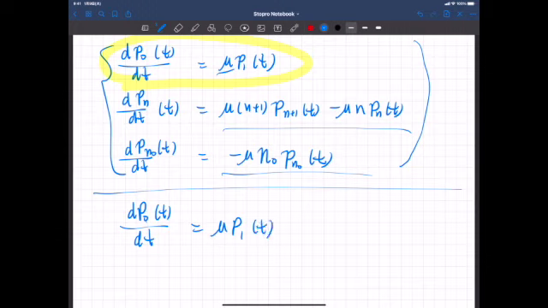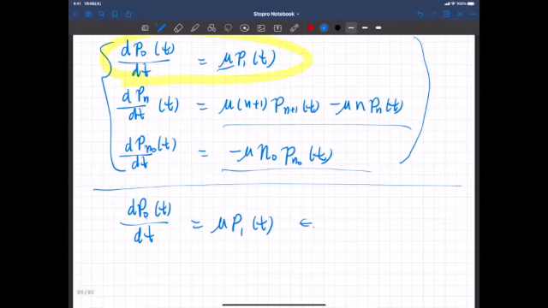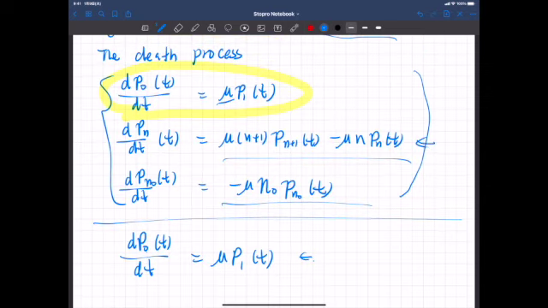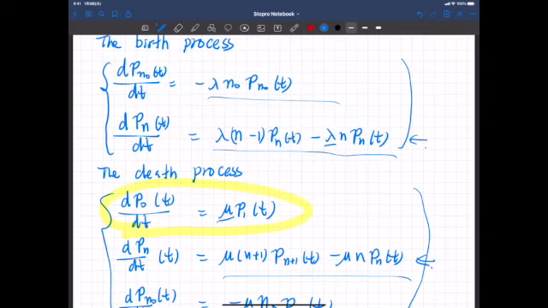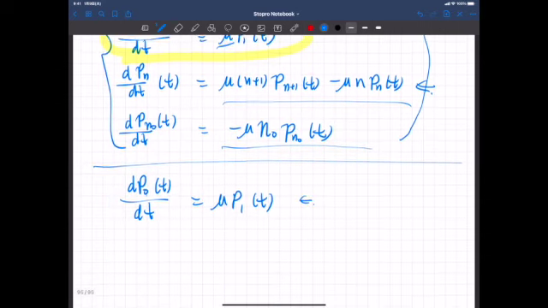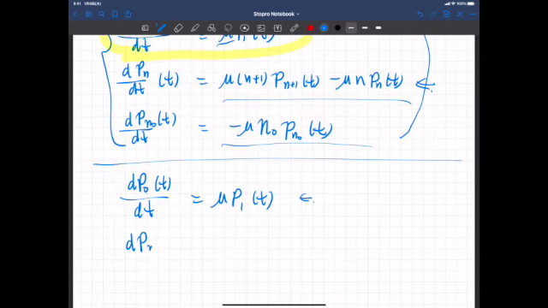Because if the number of individuals is 0 in the population, there are no cells that can divide to give birth to a new cell. So this is the only possibility for n equal to 0. Okay, for other values of n, we combine this one and this one. So that would be dPn of t over dt.